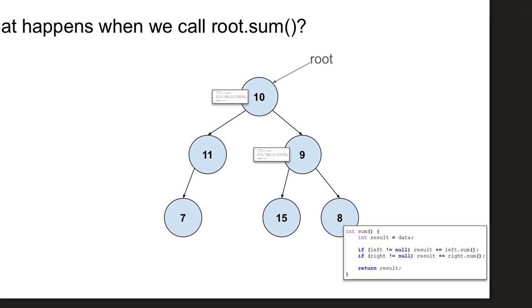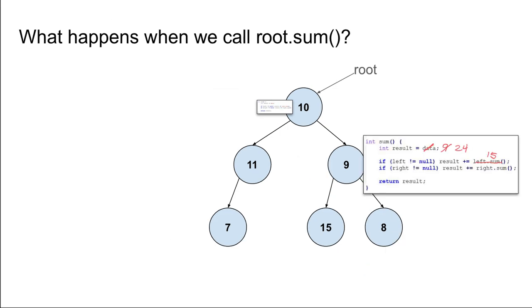And in this case, the result is going to be 8. It does not have a left or right child, so it's a base case. That means we're going to return 8 to the method that asked for it. This method asked for right.sum, and so now we can send that 8 up here for right.sum.